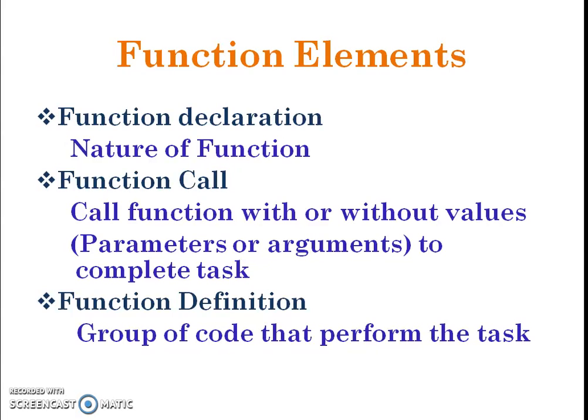The next one is function call. This is calling the function with or without values. We will discuss the function call briefly and see it later. Then the third element is function definition. This is an important one. The function definition contains all the code that I am going to perform.